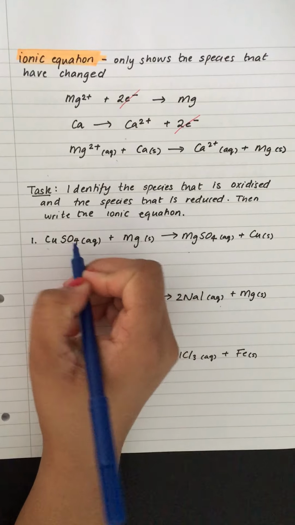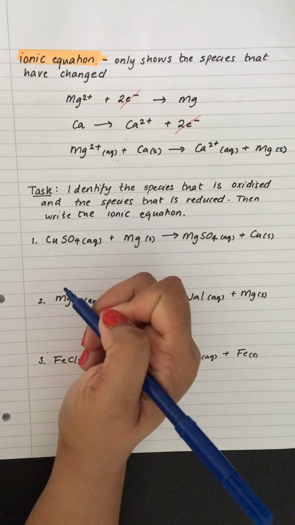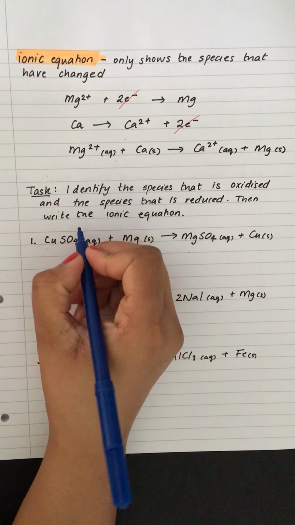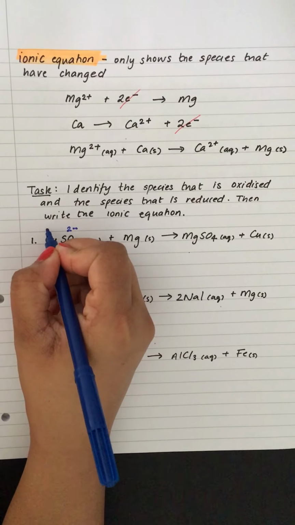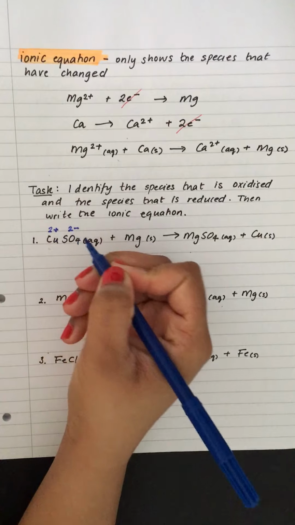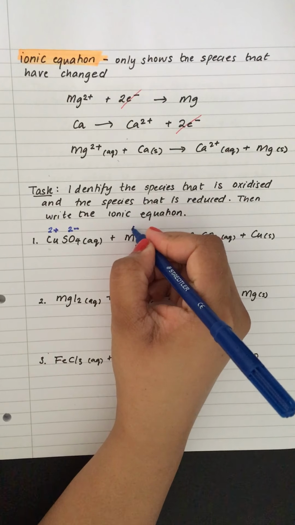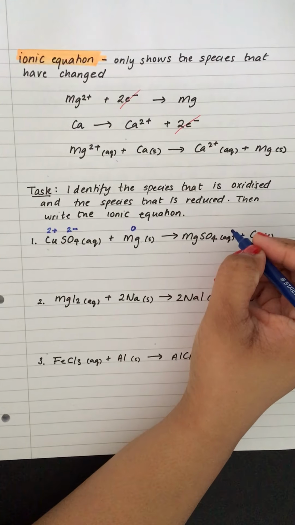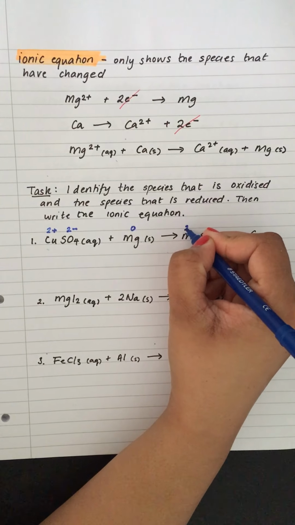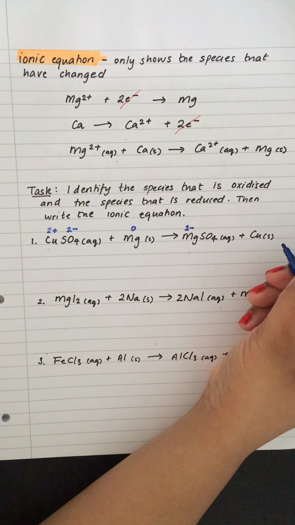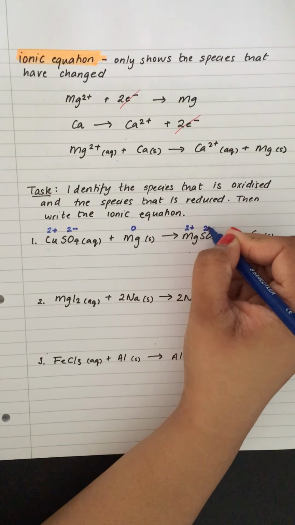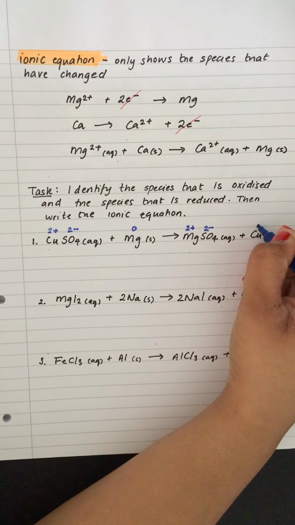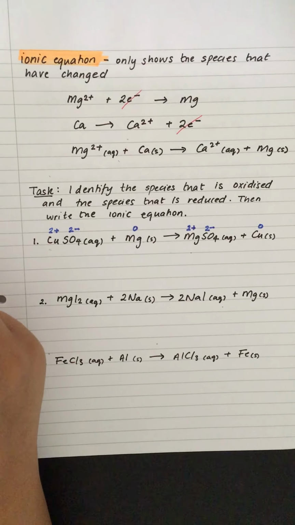So for example, copper sulfate, well, my sulfate is always going to be 2 minus, and therefore we know that this copper would have a 2 plus charge. We know at this stage magnesium has no charge, but when it's combined in a displacement reaction to sulfate, it has a 2 plus charge. My sulfate, remember, doesn't change, and my copper now has no charge.